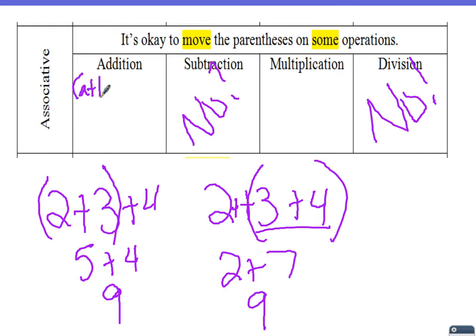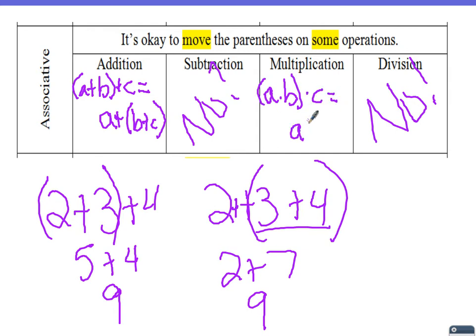A plus B plus C equals A plus B plus C. Okay. Works on multiplication too. I can go A times B times C equals A times B times C.